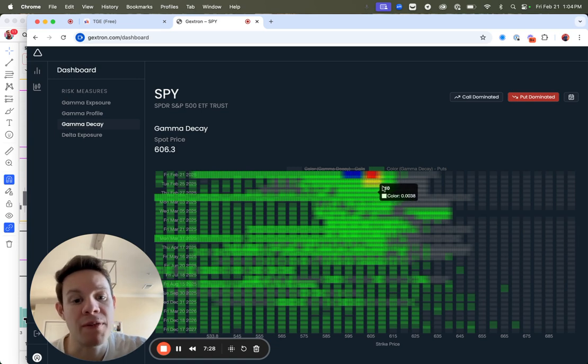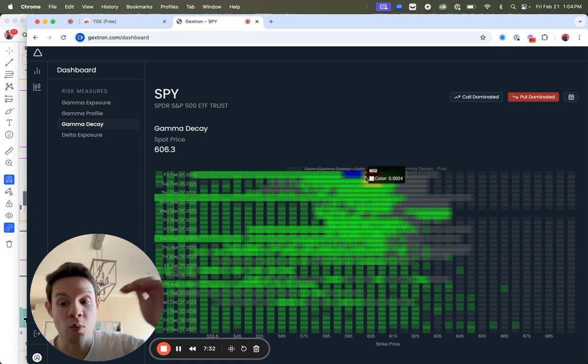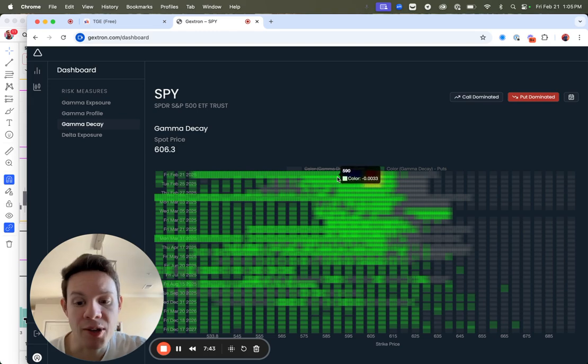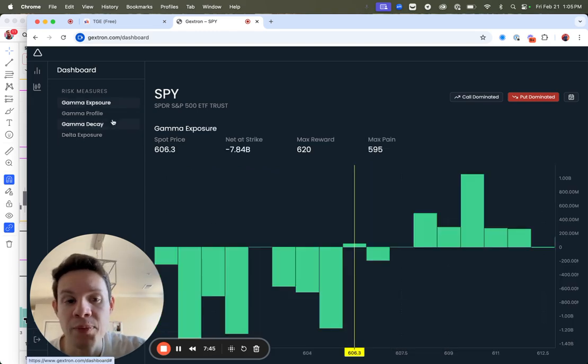So you've got to watch out for that. You want to pick something that's not super warm on the gamma decay chart here. So this is how I'm using this table to show me what contracts to pick. And that's pretty much it.